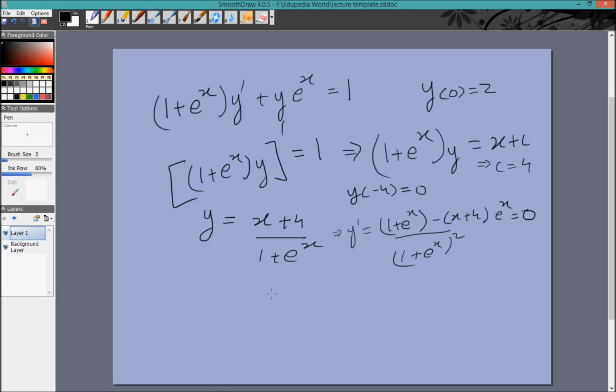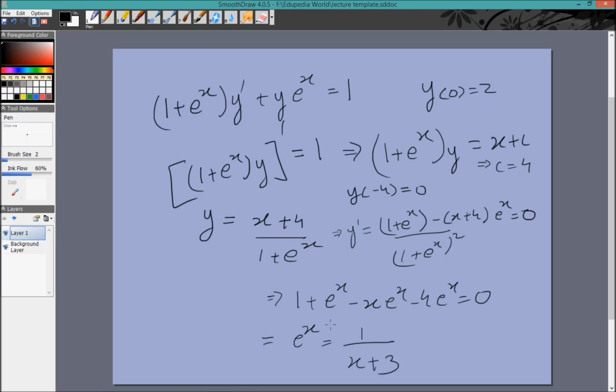Right? This gives me 1 plus e to the power x minus x e to the power x minus 4 e to the power x is equal to 0, which gives me e to the power x is equal to, this will be 3, so I'll get 1 by x plus 3.